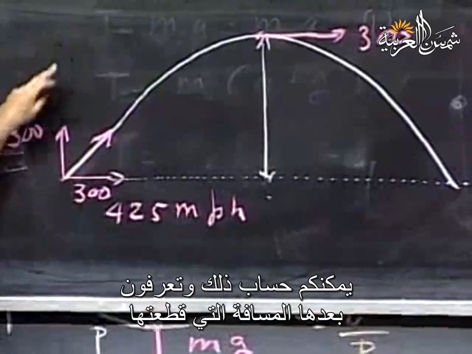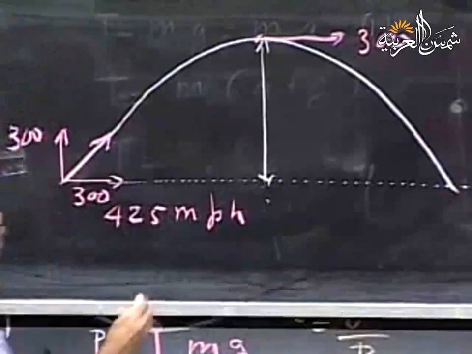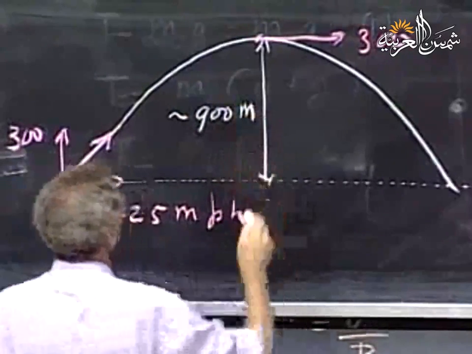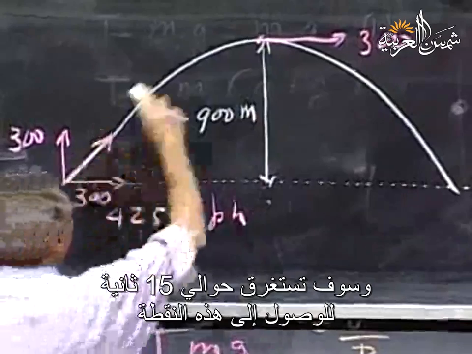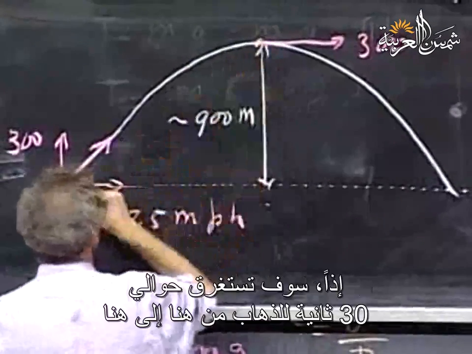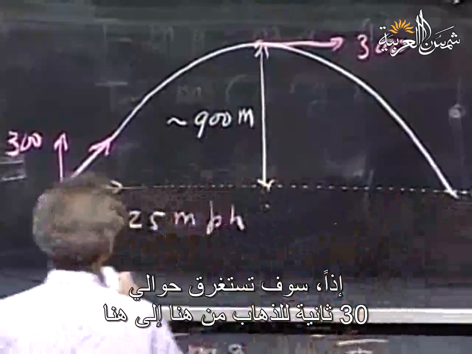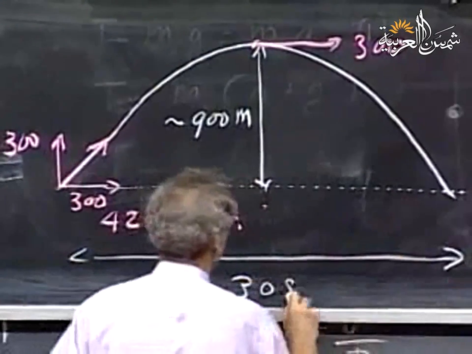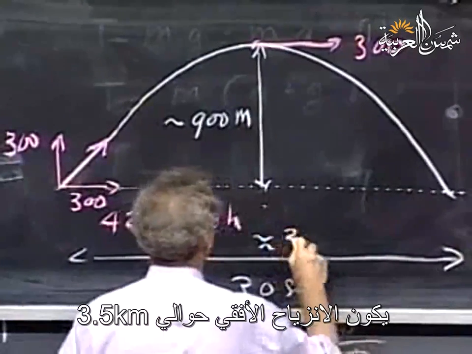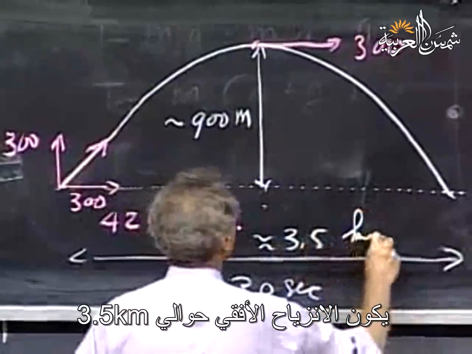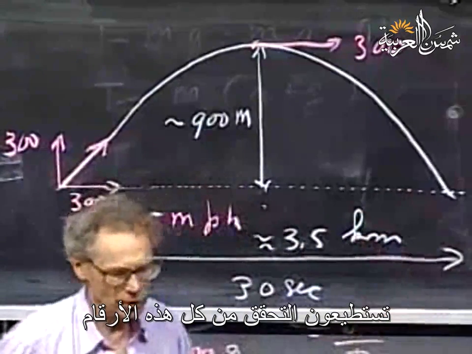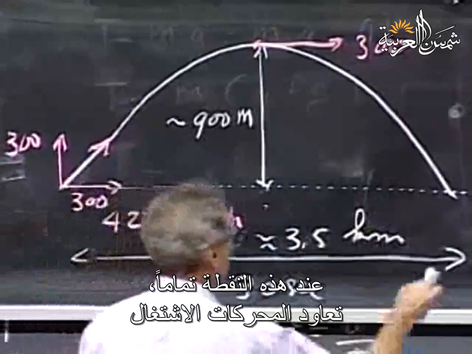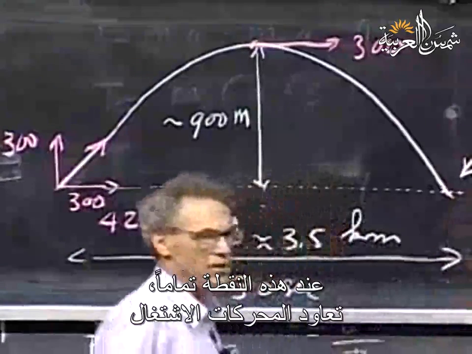You can calculate that, and then you know how much it has traveled. Very crude numbers, this is about 900 meters. And it will take about 15 seconds to reach this point, so it will take about 30 seconds to go from here to here. And in those 30 seconds, the horizontal displacement is about 3.5 kilometers. And all these numbers you should be able to confirm. Right here, the engines are restarted.